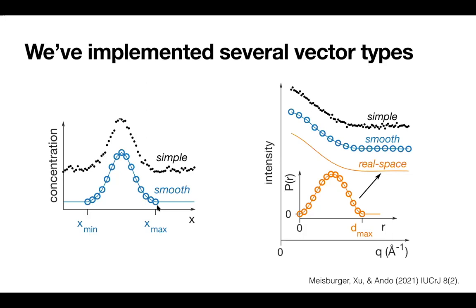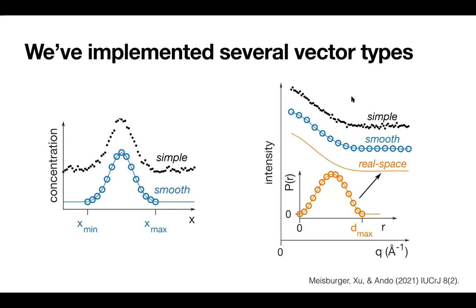Or you could have a smooth basis vector. For example, for a chromatography peak, you would have a set of control points, and you linearly interpolate between those control points. This curve would also be forced to go to 0 at two values, x min and x max. This forces the peak to only have a finite support.